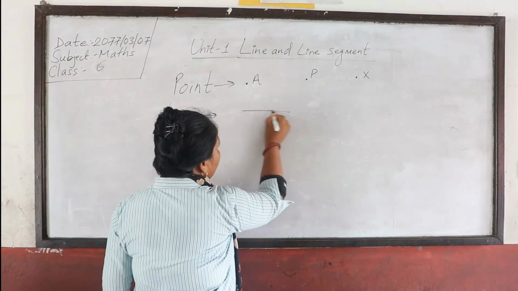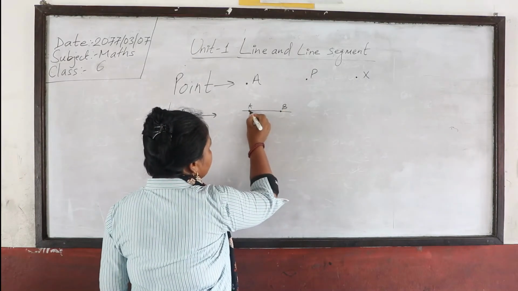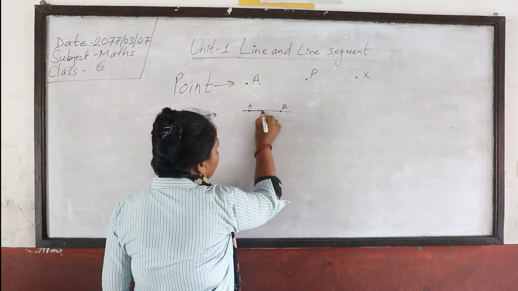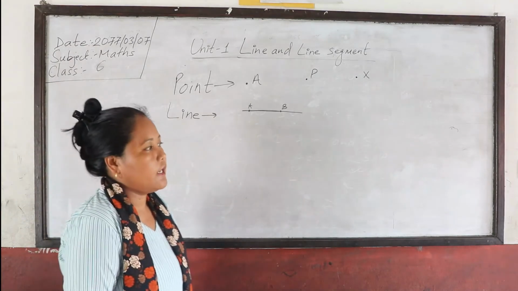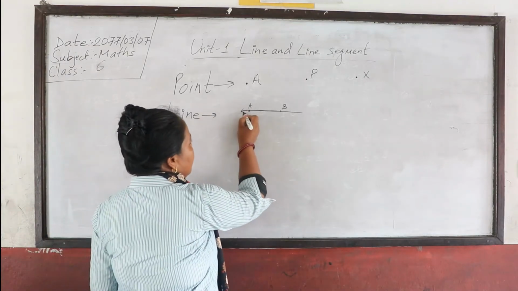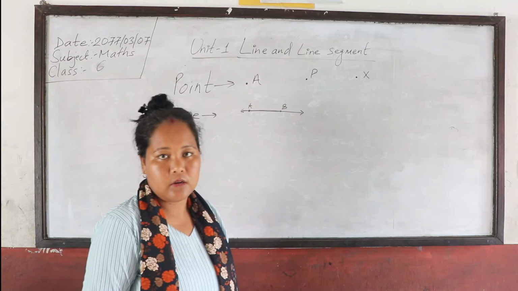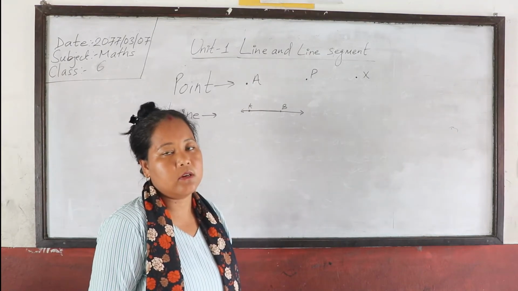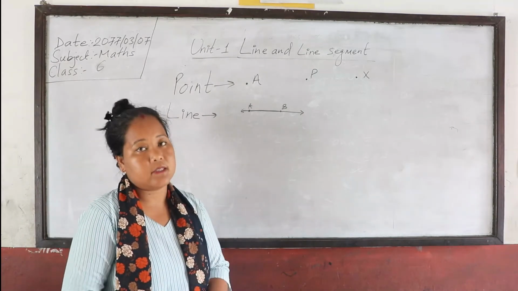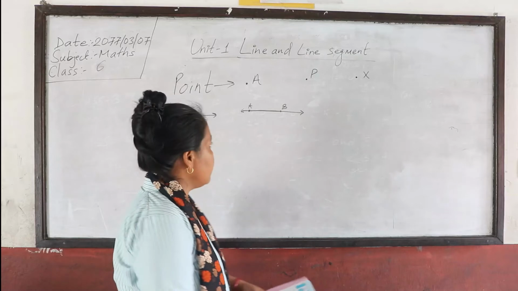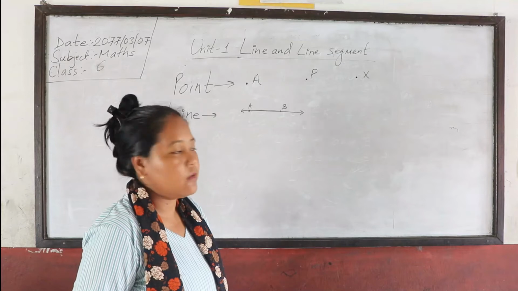Point A, point B. The line goes through point A and point B. A line has no end points. We can extend it in any direction. We can produce the line in any direction. It has no end points.